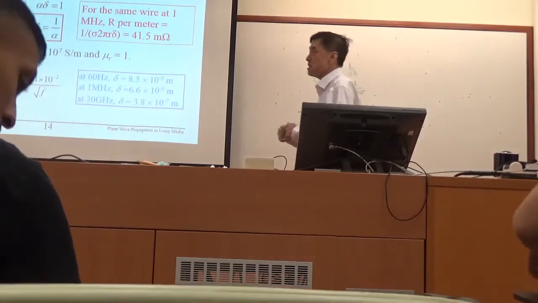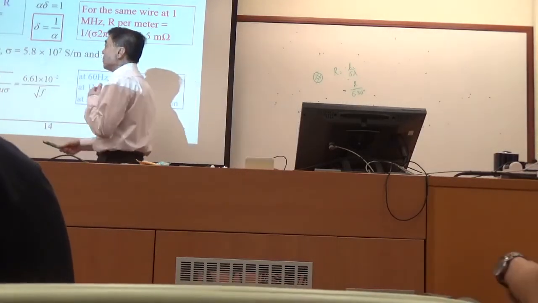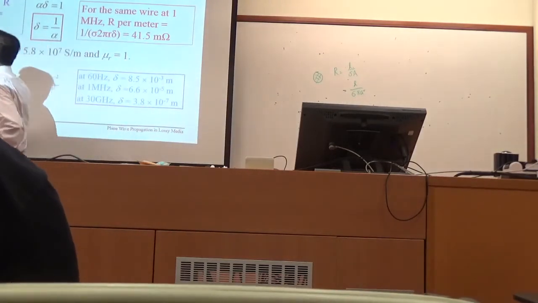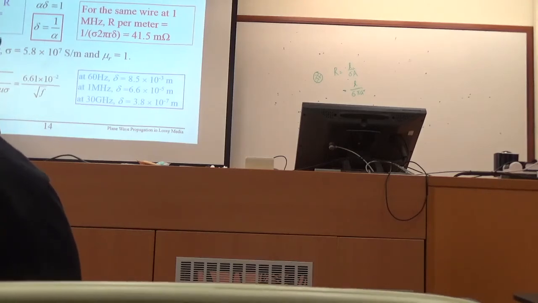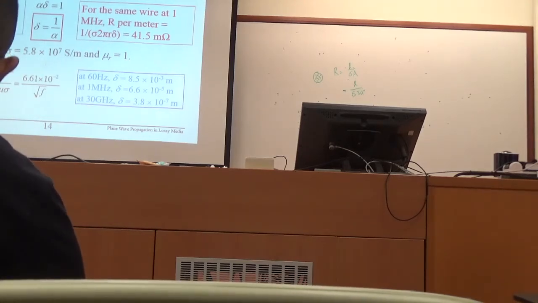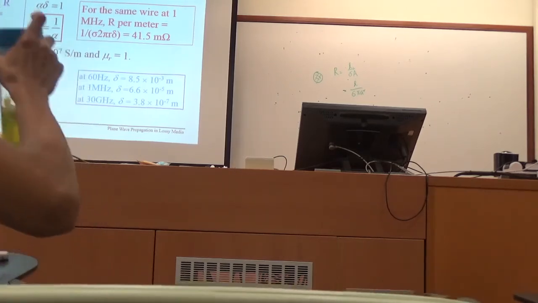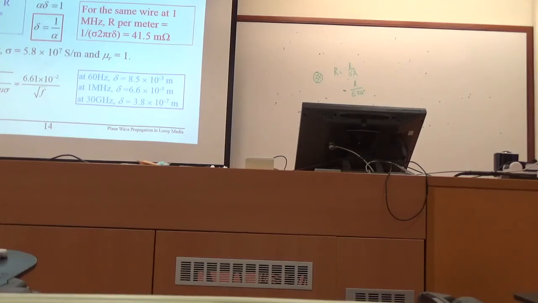At DC, if the radius of the wire is 1 mm and the length is 1 meter, the resistance is 5.5 milliohm.